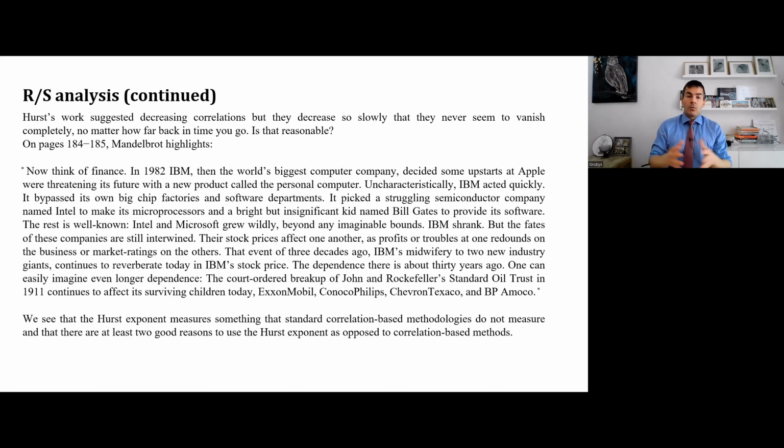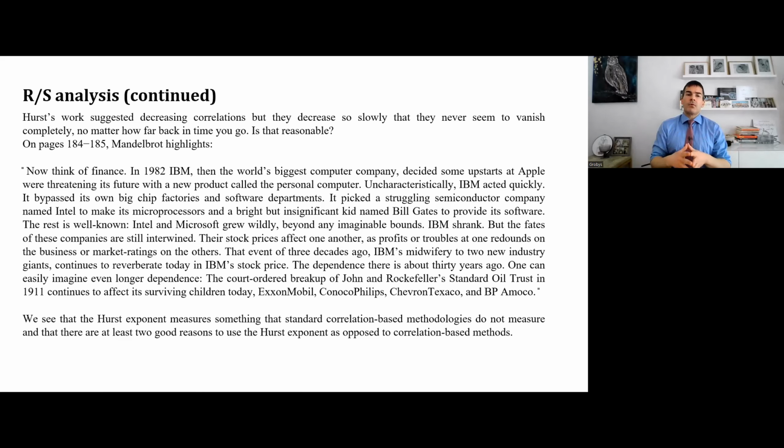For instance, for the momentum effect, we go back in time 12 time periods, 12 months. For the short-term reversal effect, only one month. So again, operating with a decreasing correlation that doesn't vanish as time goes by, is that reasonable?